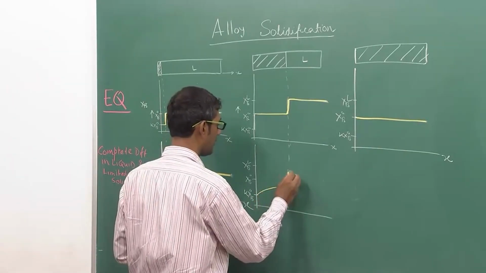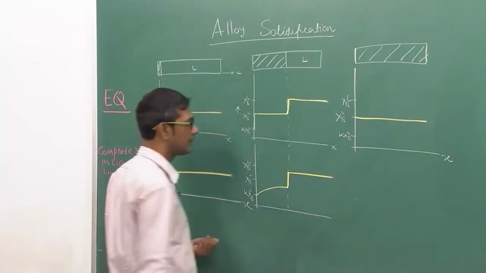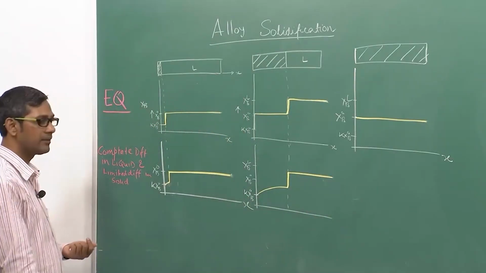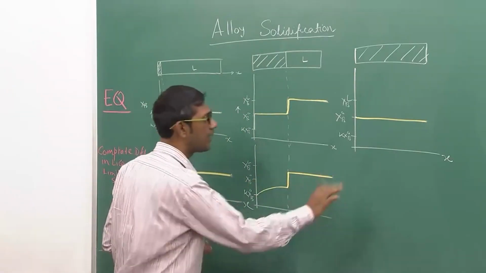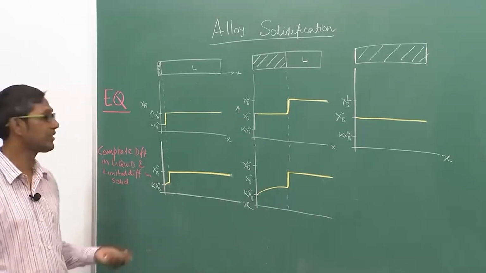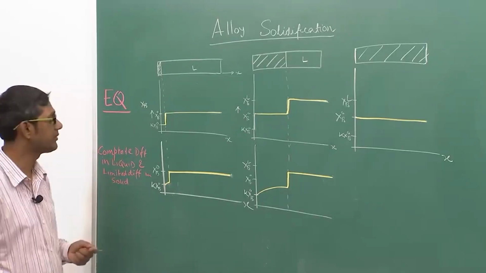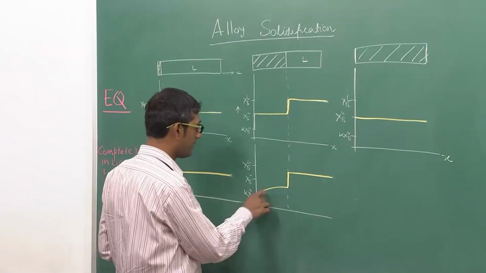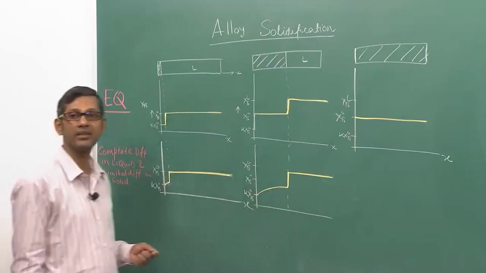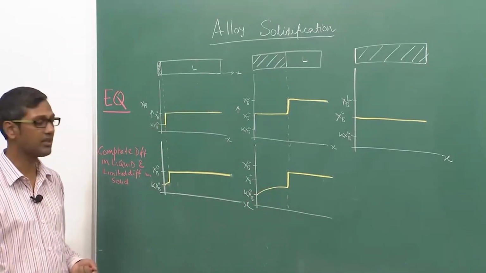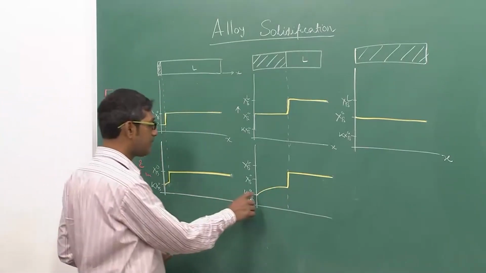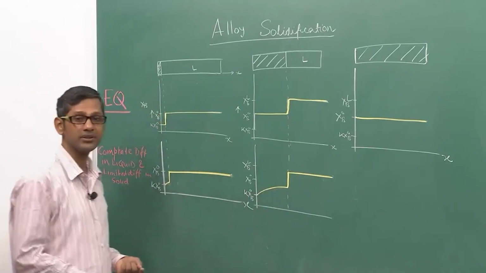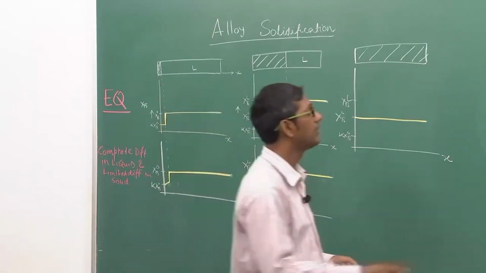Things will happen like this. It is very clear again that the liquid has uniform composition, because liquid has no diffusion problem, complete diffusion is possible, but solid has a compositional difference. That is the coring we discussed in the last lecture, that different parts of the solid have different compositions, and that is mainly following the phase diagram.